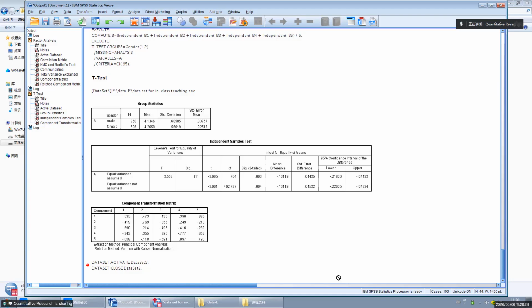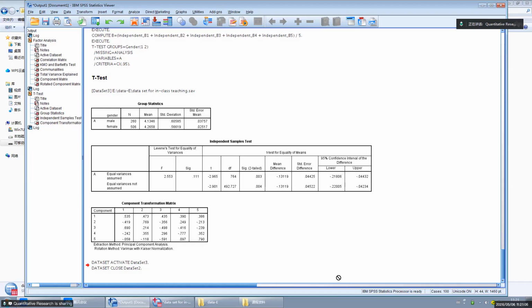Now we only know the difference. The final result should be: girls score significantly higher than boys, or boys score significantly higher than girls.